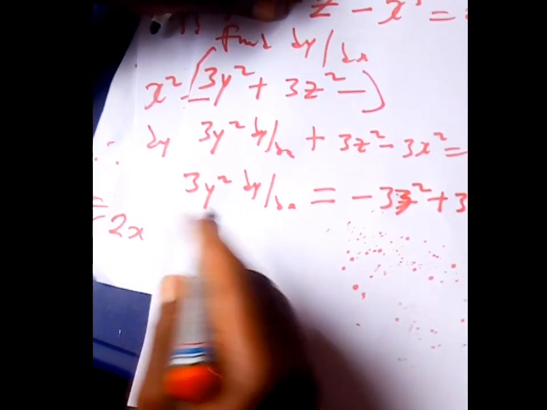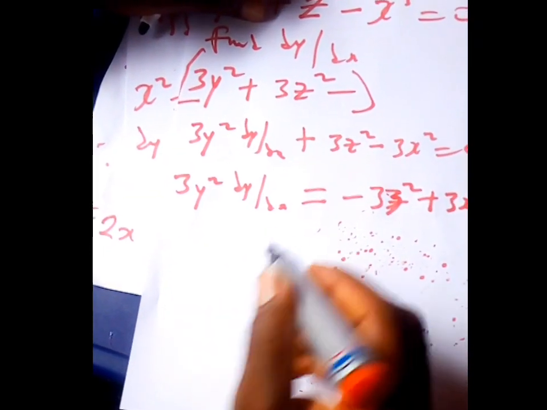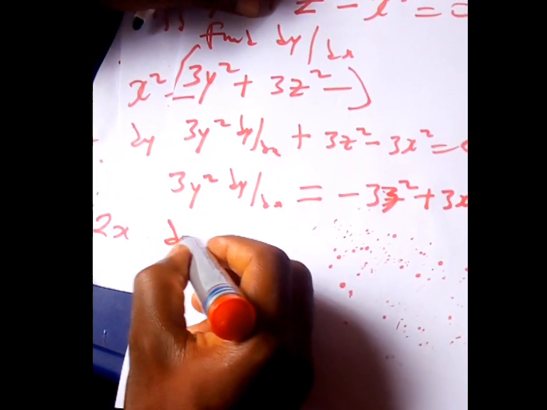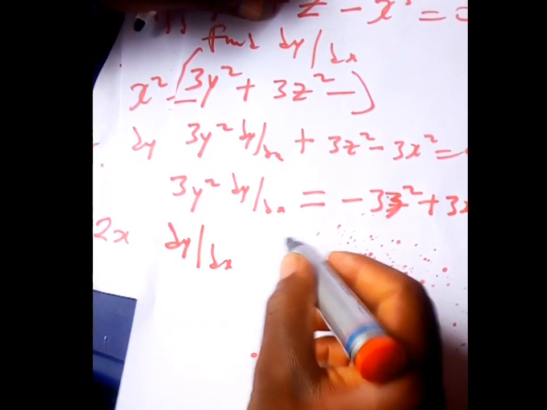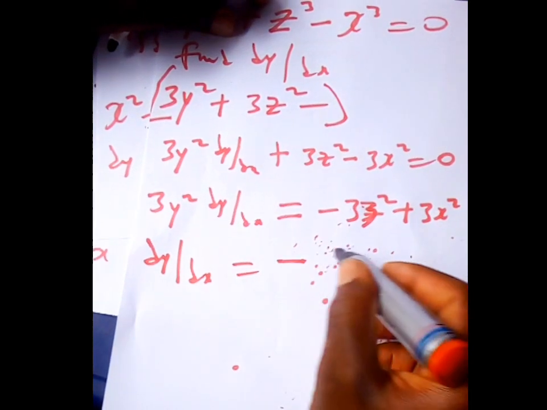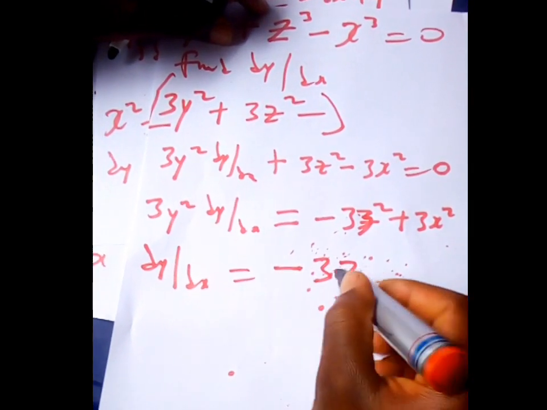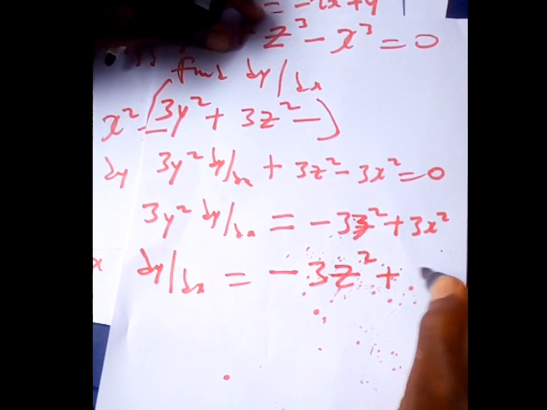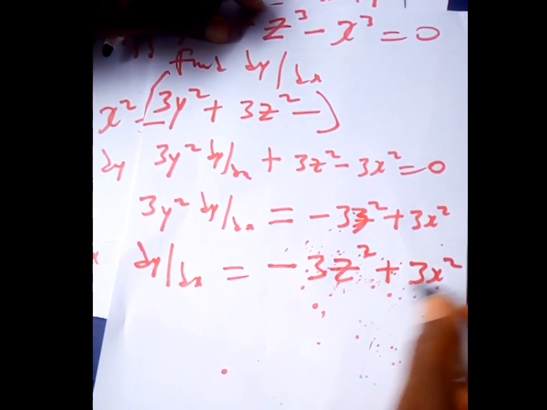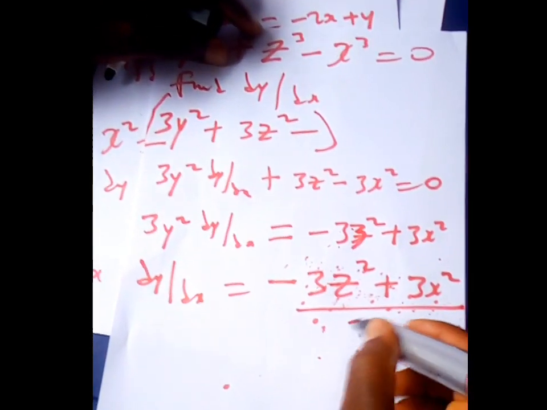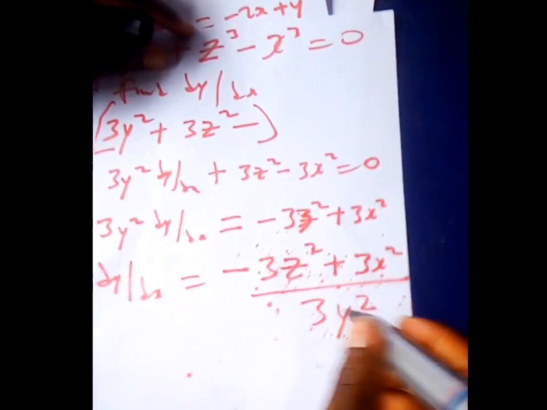Dividing both sides by the coefficient of dy dx, our dy dx will be equal to minus 3x square plus 3z square all over 3y square.